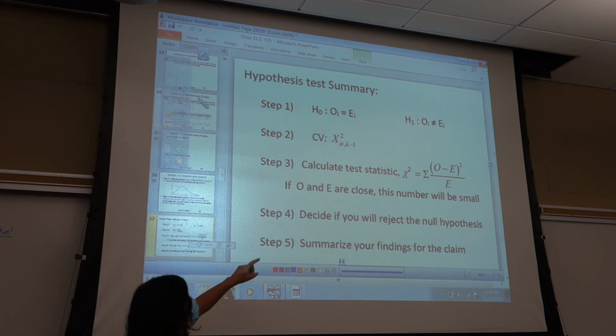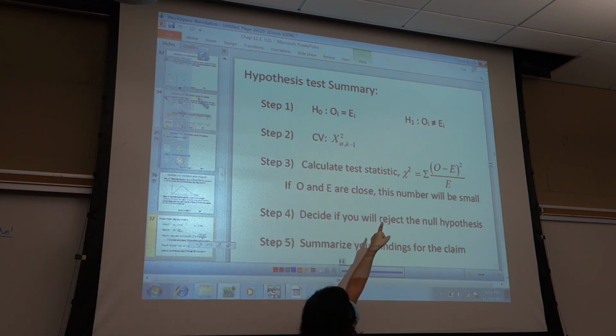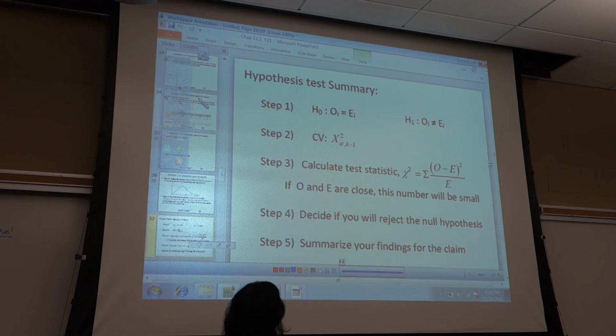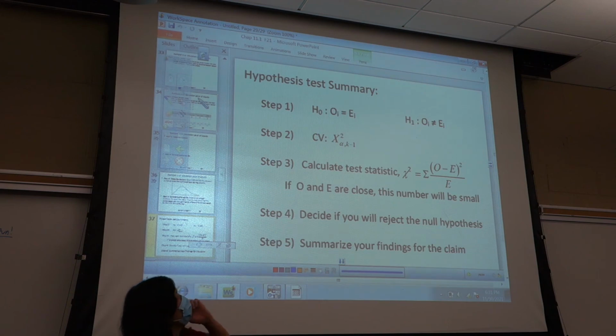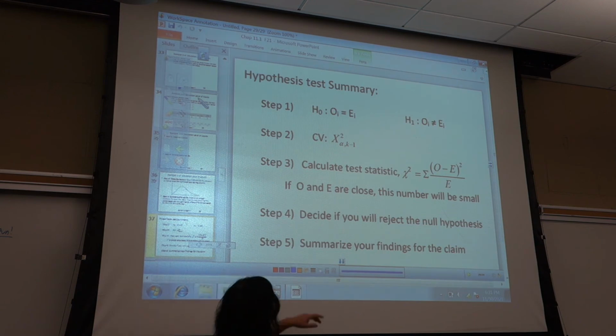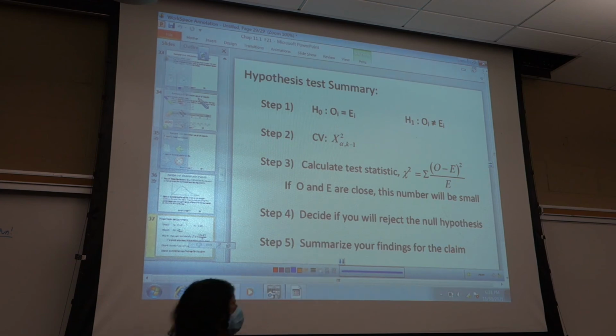Step 3, compute your test stat: the sum of O minus E squared over E. If your observed is close to your expected, that's going to be a small number. That's what you're aiming for. And then decide if you're going to reject the null hypothesis or not, and then summarize your findings for the claim. All right, so go ahead and hop in and work on it, you have 2 problems to do.